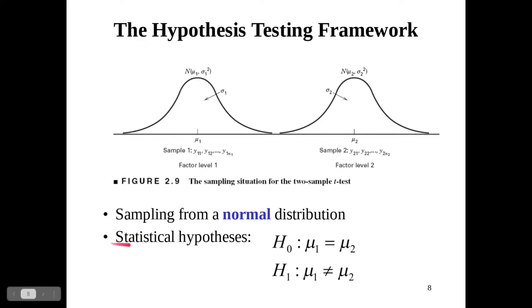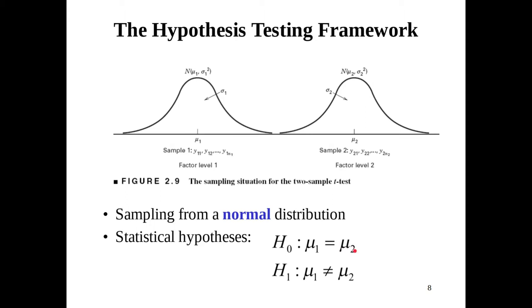In statistical hypothesis testing, we have two hypotheses, right? The null hypothesis is mu1 is equal to mu2. What is mu? Mu is the population mean. So, for example, if we say one is modified and two is unmodified, then the mean of the population of modified and the mean of the population of unmodified, mean of what?